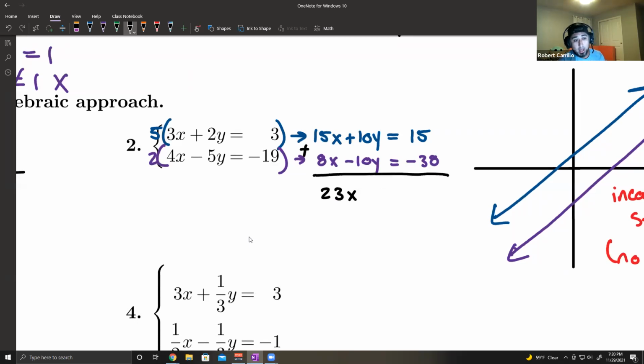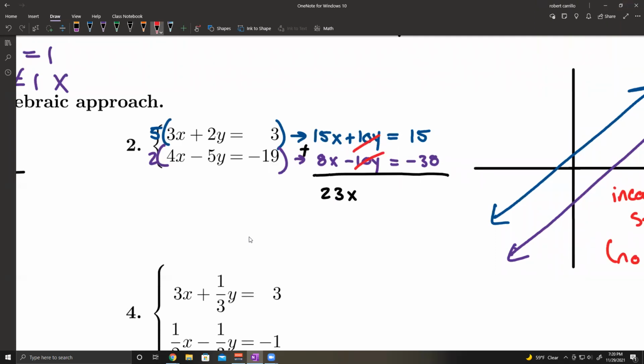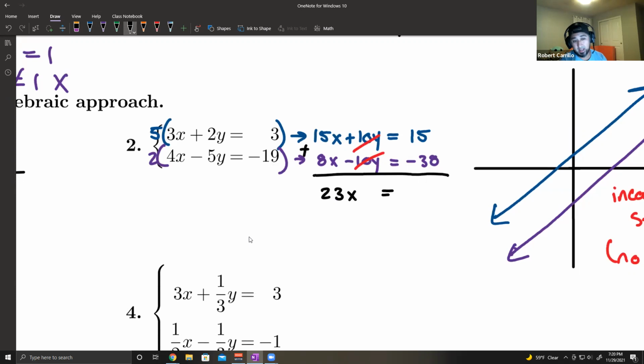My 10y plus my negative 10y, what's going to happen to your y's? Cancel out. And then 15 minus 38, negative 23. Now, if you divide by 23, x is going to be negative 1.